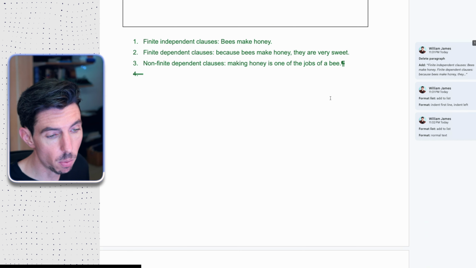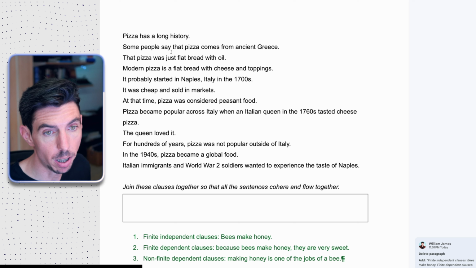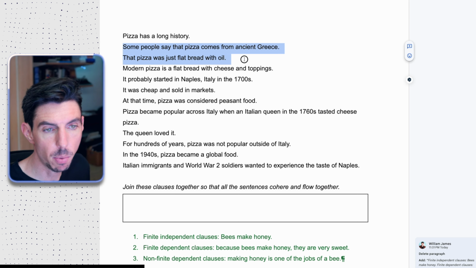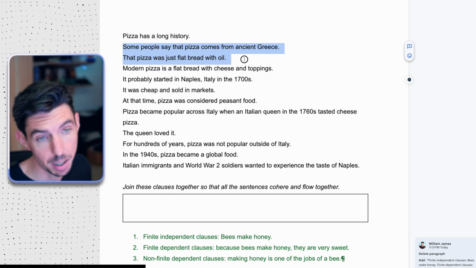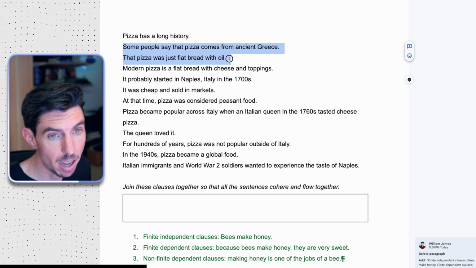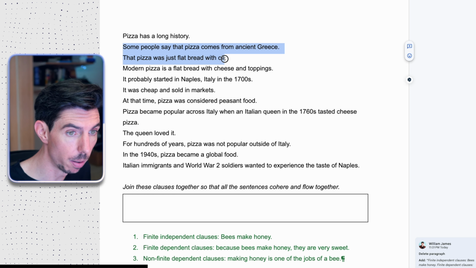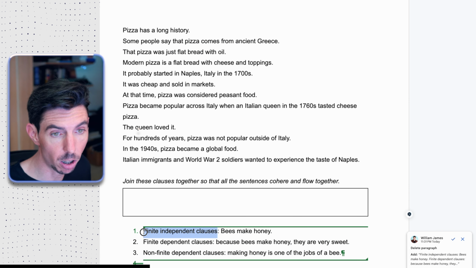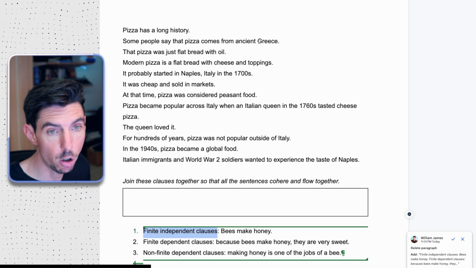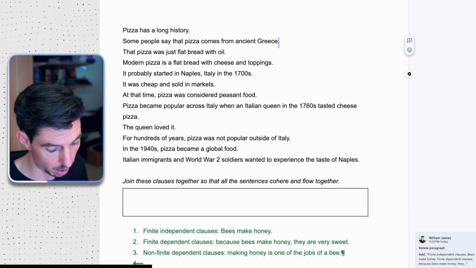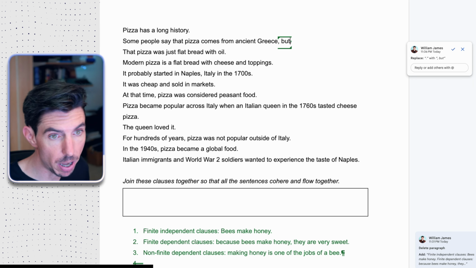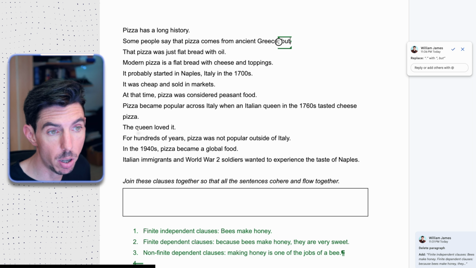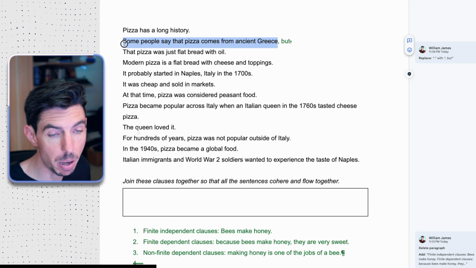And so what is the relationship between these two clauses? I think it's a relationship of contrast, right? Some people think this, but that pizza was just flatbread with oil. So if we wanted to join them as two independent clauses, we could join them with the word "but." However, we don't want to do that because we do not want this to be an independent clause.